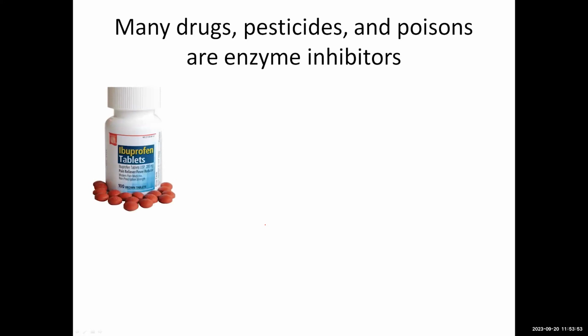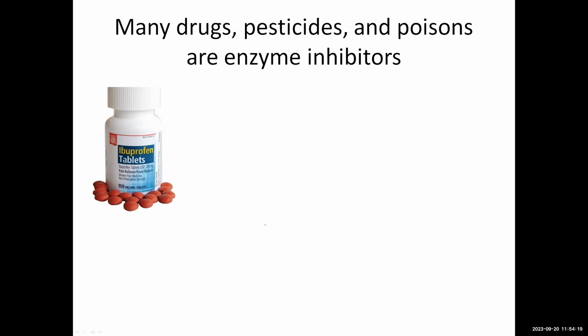The most popular painkiller, ibuprofen, is an enzyme inhibitor. Its job is to inhibit the protein that's necessary for processing pain signals. It's not that your body isn't in pain, it's just that your body can't say it's in pain to your brain. So your brain is unaware of the pain your body is currently feeling.